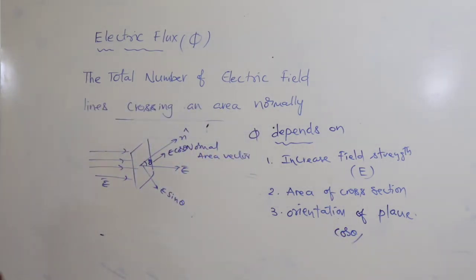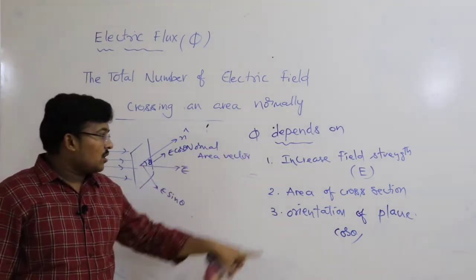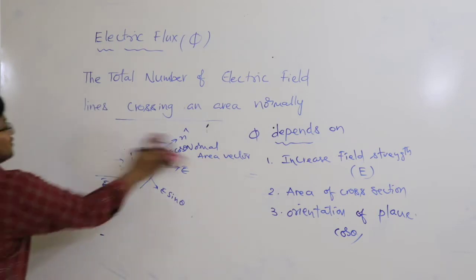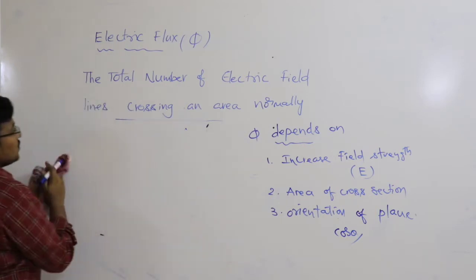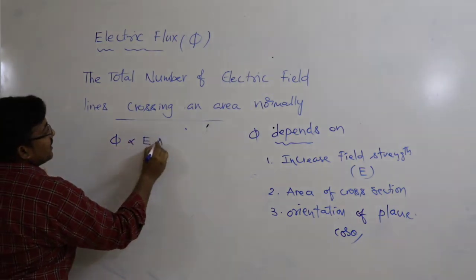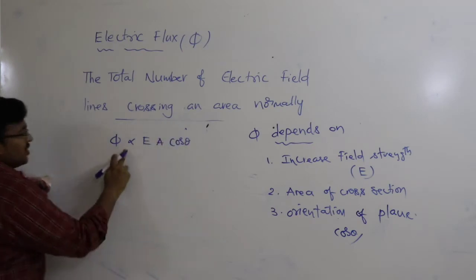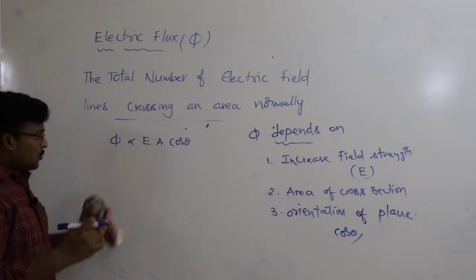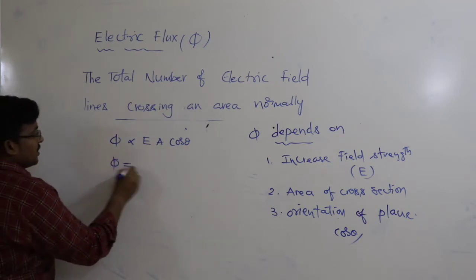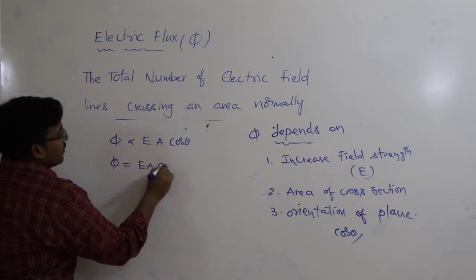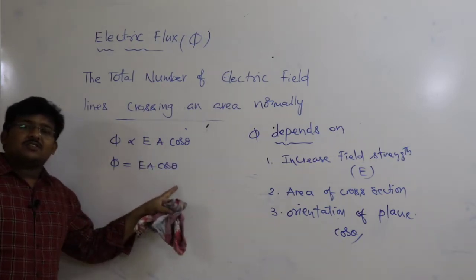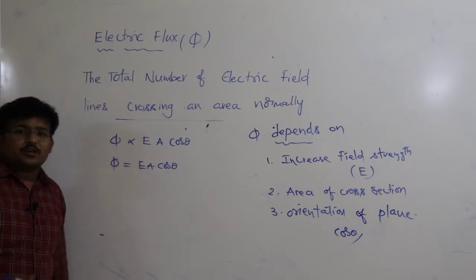So we can say that the total flux depends on electric field strength, area and cos theta, so that we can simply write flux is directly proportional to electric field and area and cos theta. If you say directly proportional with k equal to 1, then the flux formula is E A cos theta. And in first year we may learn this as A B cos theta, a dot product of two vectors.